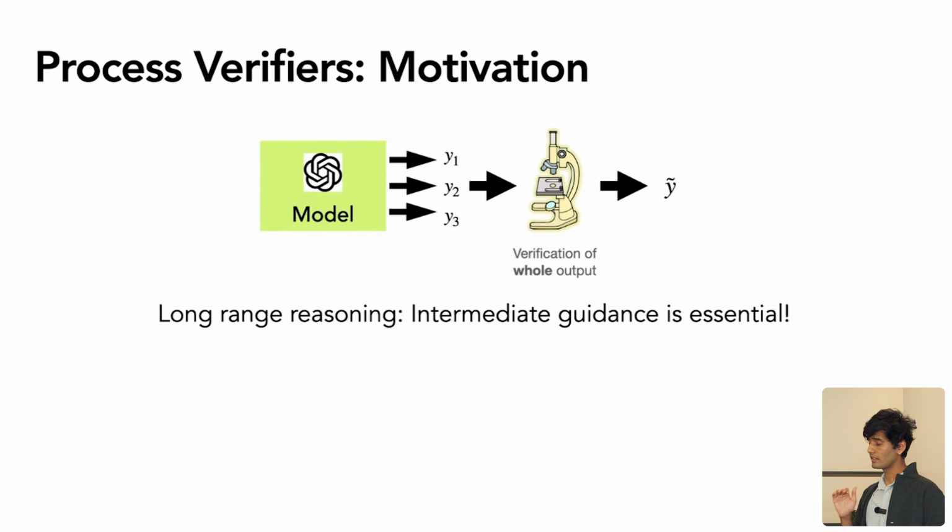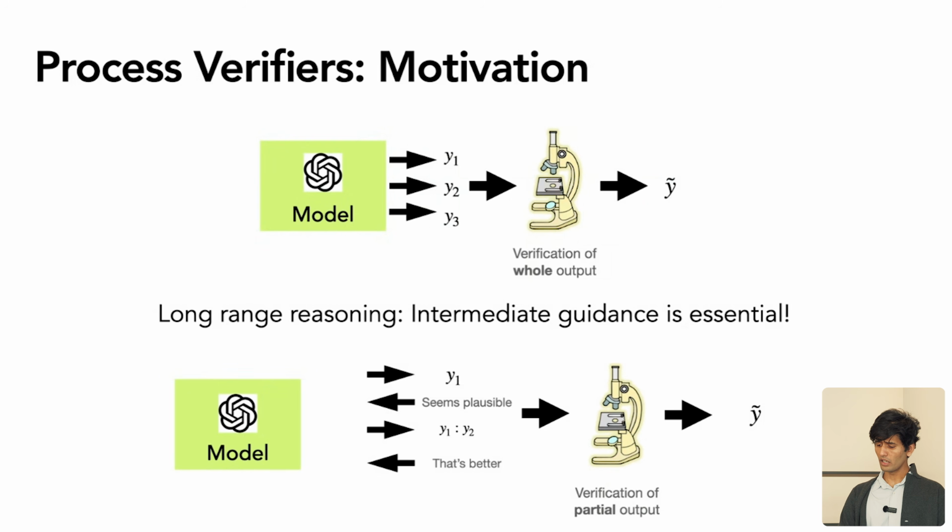And intuitively, this is an issue with long horizon reasoning. As might be obvious if you think about it for some time, if you really want models that are good at long horizon reasoning, we need to be able to provide intermediate guidance for these models, guiding them towards answers that we hope to achieve.